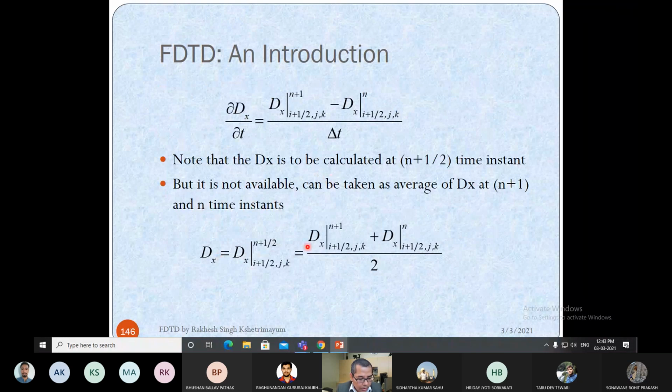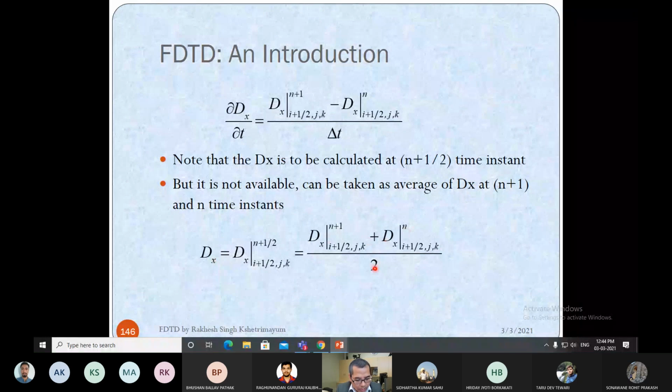So we actually take the average of Dx at n plus 1 and Dx at n. And the location is that of the electric field, which is i plus half, j, k. So that's how you actually discretize Dx. Dx is Dx at n plus 1 plus Dx at n divided by 2, and the location over space will be i plus half, j, k. So Dx is almost like the electric field Ex.